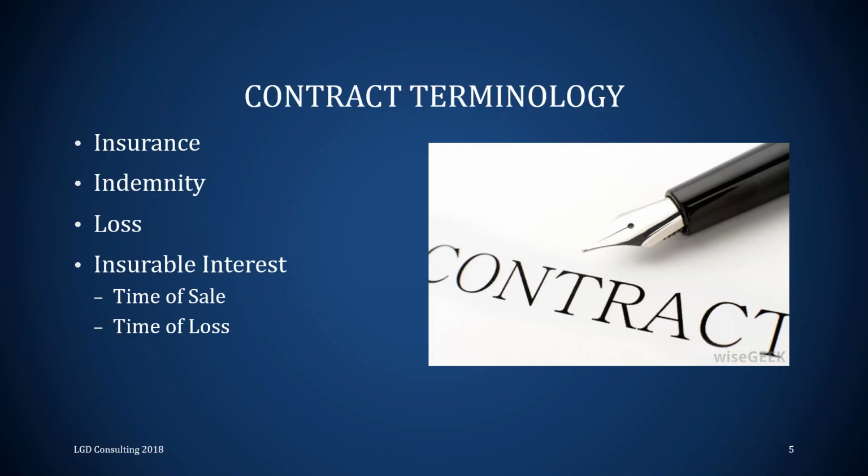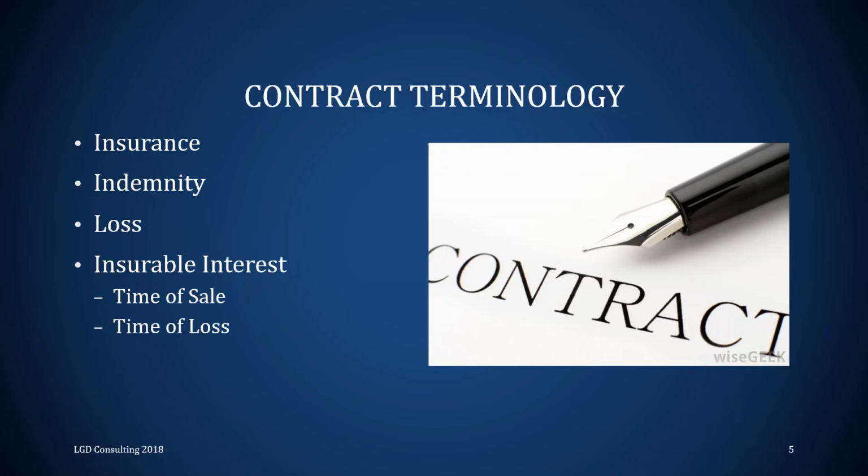Okay. In order to insure something or somebody, you have to have what's called insurable interest. Insurable interest is having a legitimate economic or financial interest in the preservation of the life or the property that is the subject of the insurance. What that means is, in order to buy a policy on someone or something, if that someone or something suffers a loss, financially you're affected.